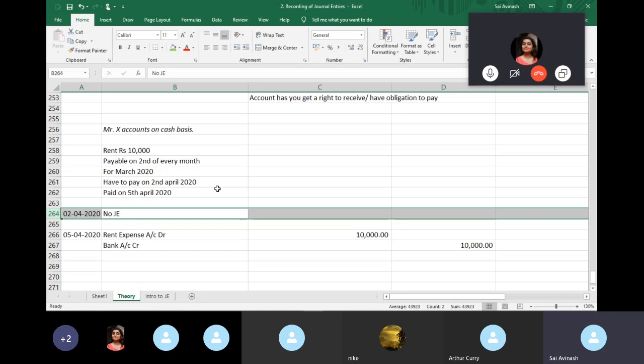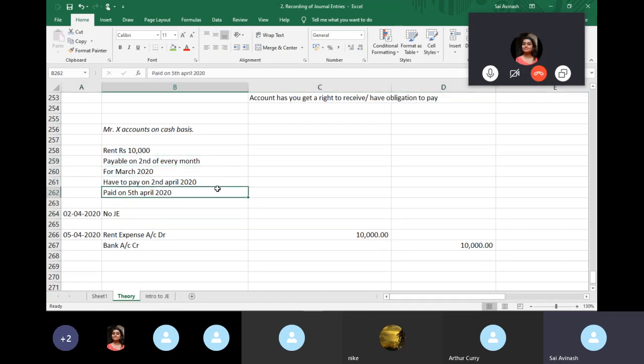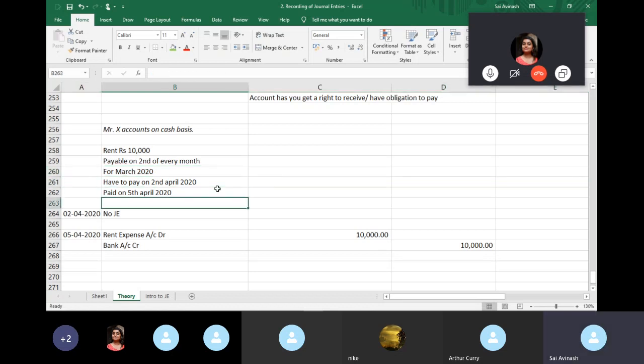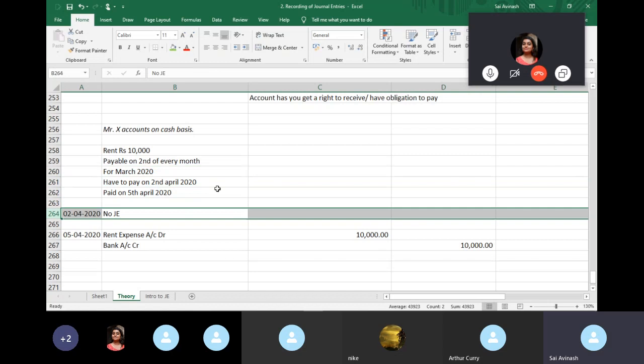So if you consider the cash basis of accounting, it won't represent the correct profit, because you have received the benefit of occupation of the premises for March. As of 31st March, you have used the premises to conduct business and make sales, and you are supposed to record the liability you have as on that date, so that you represent a proper profit.